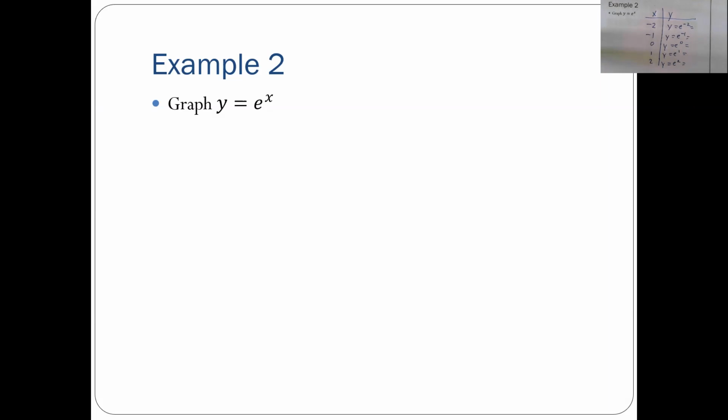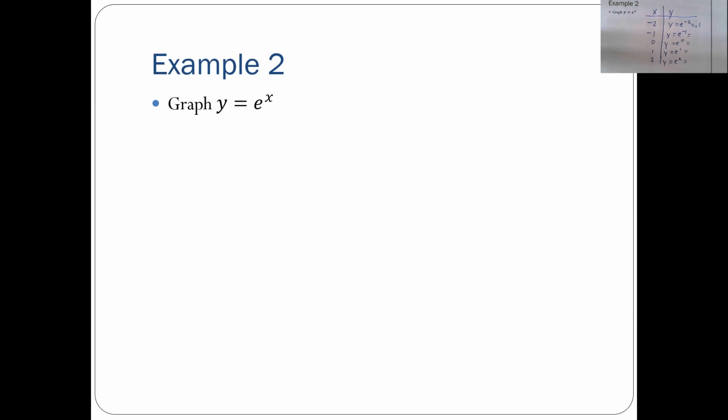But anyway, if we were to plug these in the calculator, e to the -2, for example, is going to be about 0.135. And like I said, we can really only graph to 1 decimal place, and even that's kind of a stretch.